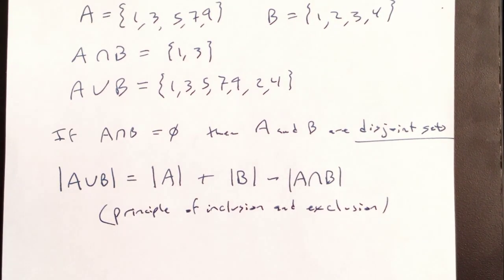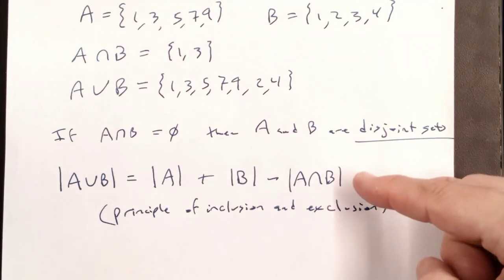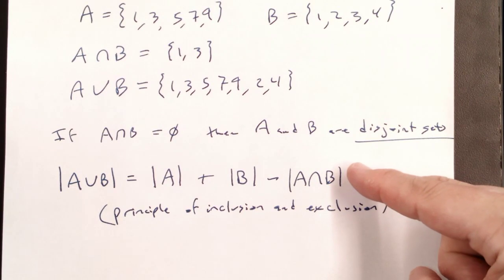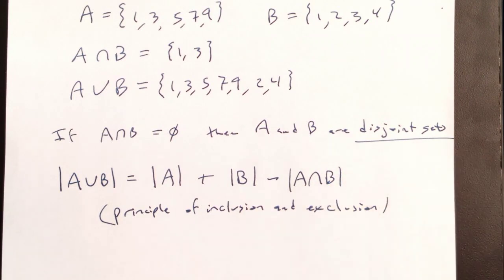If my sets are disjoint, how does this change? Exactly. I wouldn't need to subtract anything because this would be a 0. If there's no overlap, the intersection is empty, the size of the empty set has 0 elements.